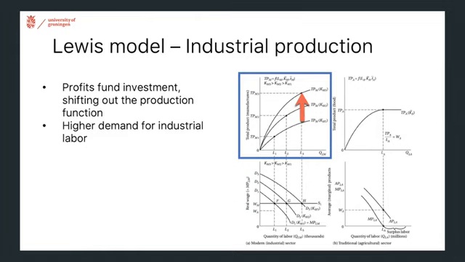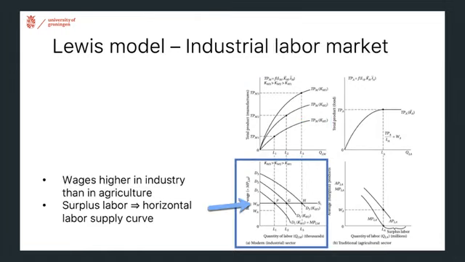As the production function shifts outwards, the labor demand curves, so given here by D1, D2, and D3, also shift outwards. And thus, because of the horizontal labor supply curve, we get a very fast increase in labor employed in industry.